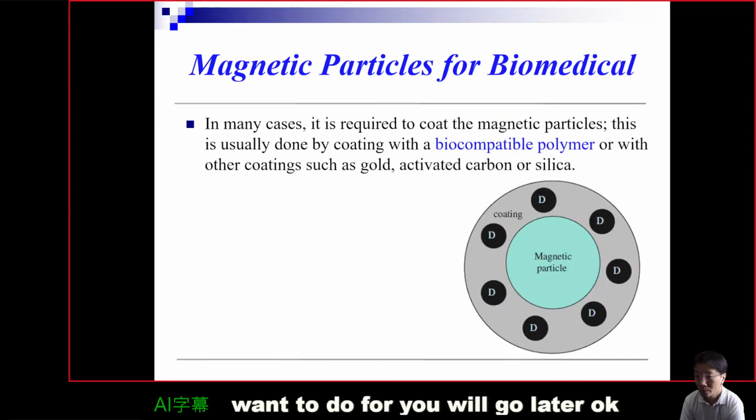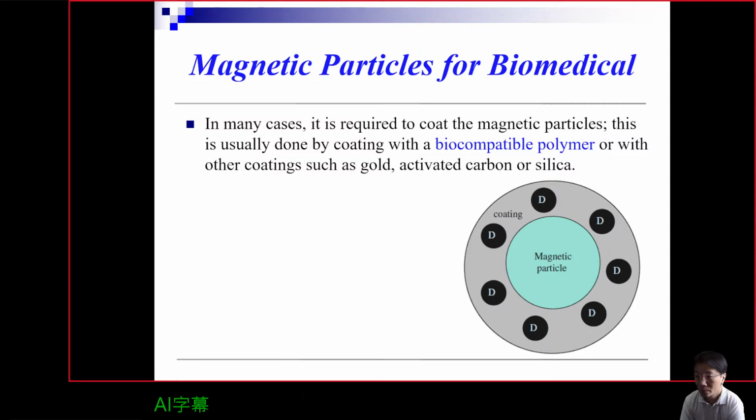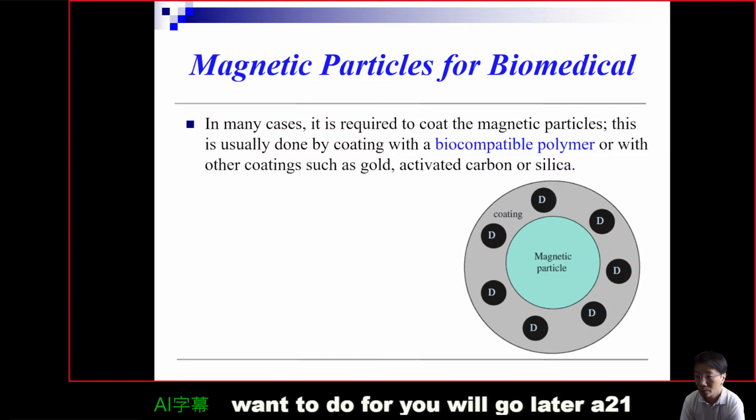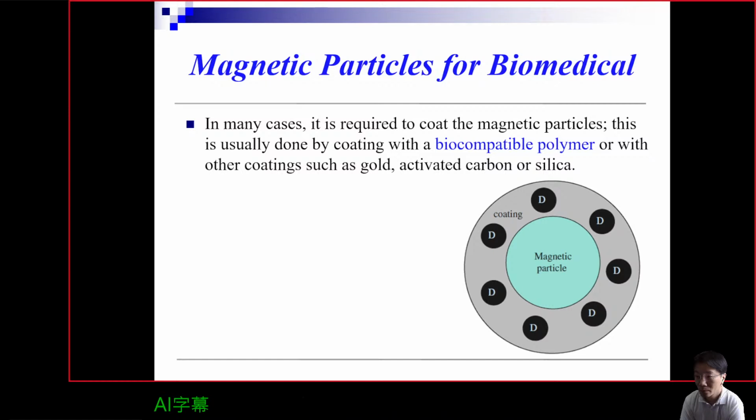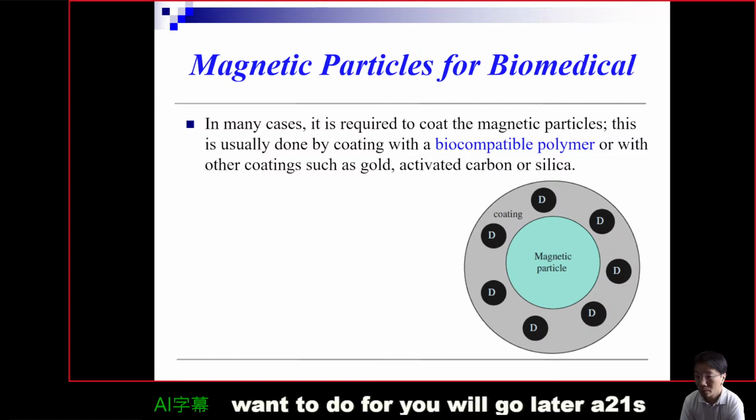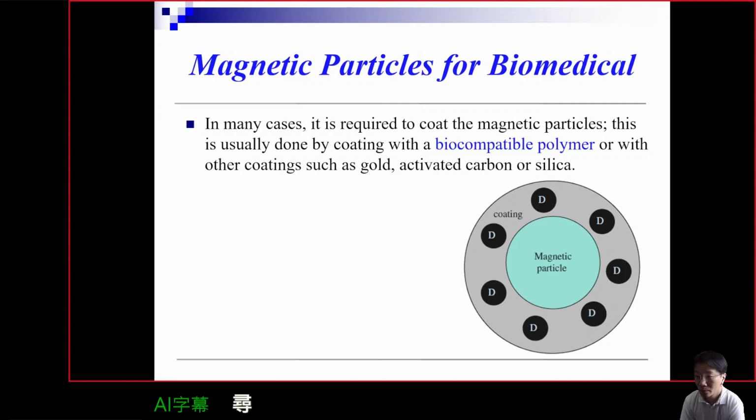Okay, sometimes you want to separate the entities from mixed solvents. So you can also use this method to separate the compositions in a mixed solvent.